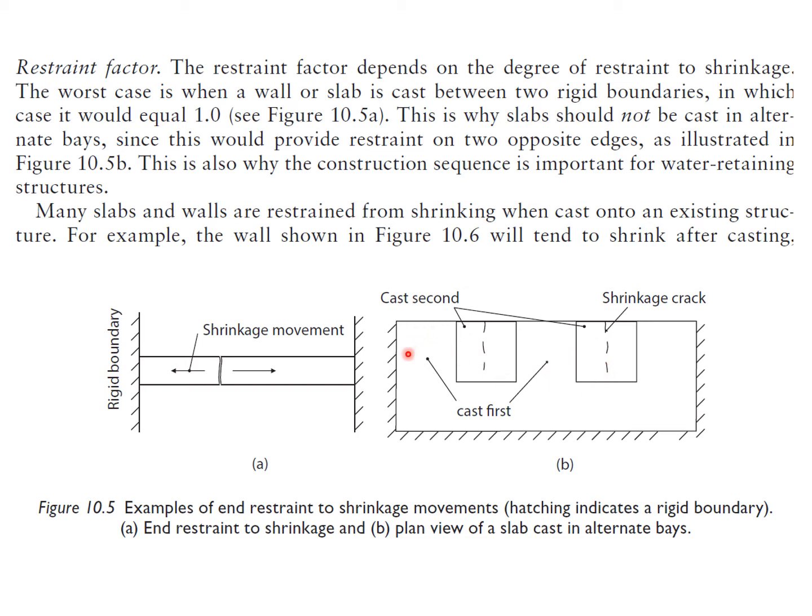Now, because this part of the slab provides a very good restraint to shrinkage, this will create the worst type of shrinkage cracks. So in this particular case, the restraint factor would be approximately 1.0. So that is why when we're casting slabs in bays in buildings, we don't cast them in alternate bays.